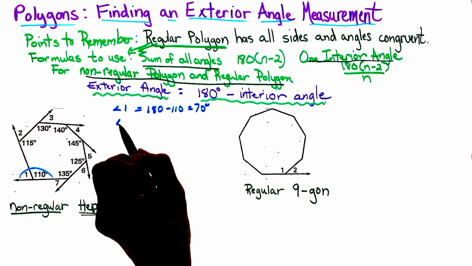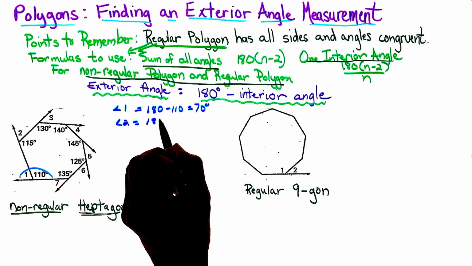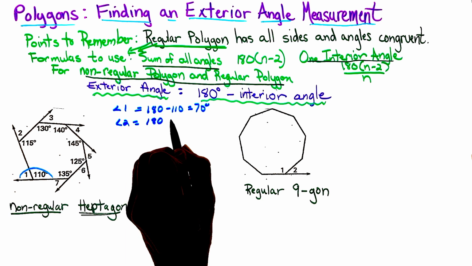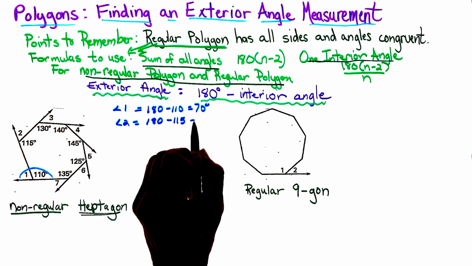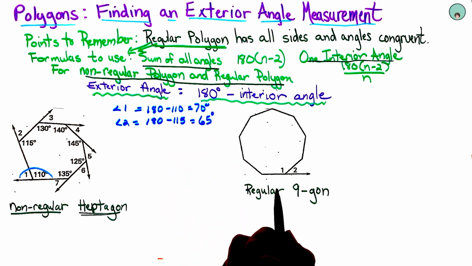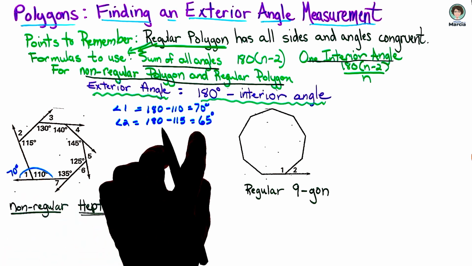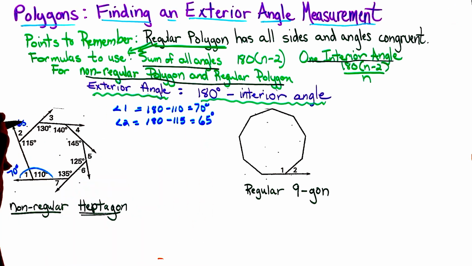All right, well, angle 2, let's see what we have. We have 115. So again, it would be 180 minus 115, and angle 2 is 65 degrees. So far, and I'm going to mark my picture, we have 70 degrees, we have 65 degrees.